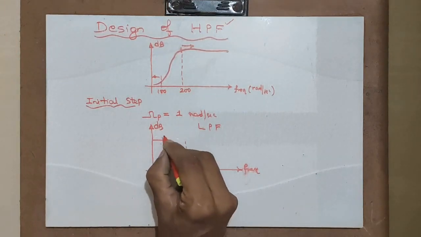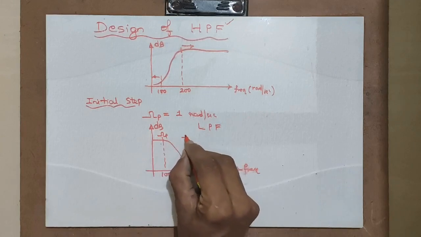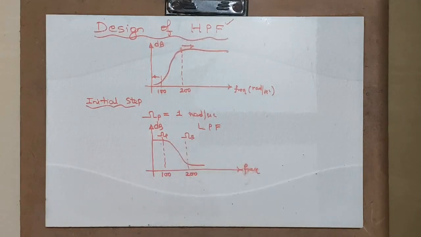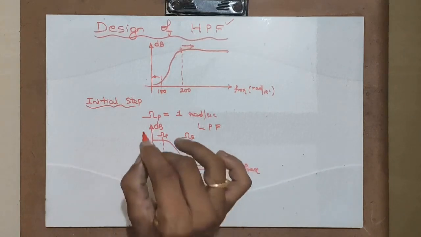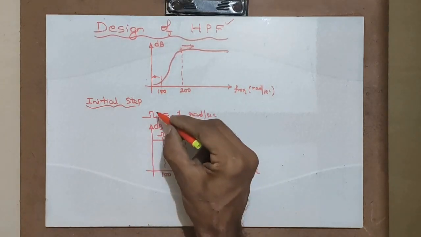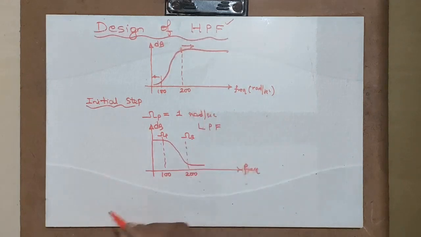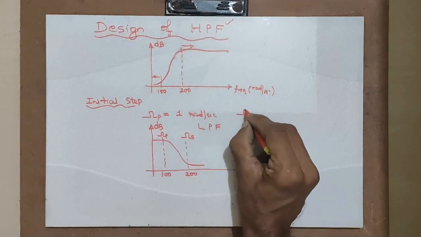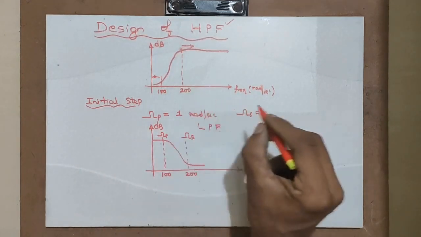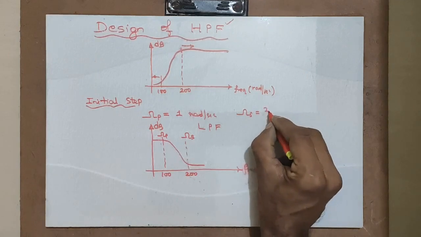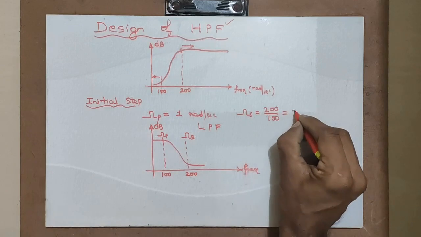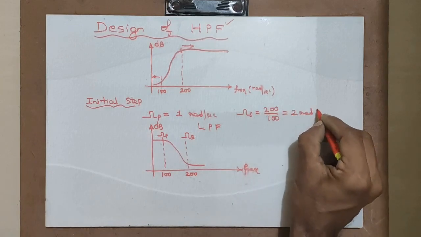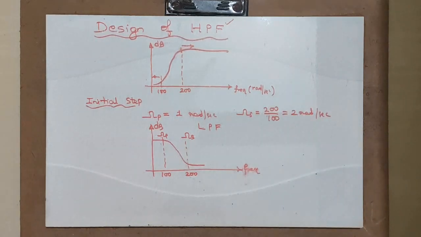If I take this as a low pass filter, you know that the characteristic would have been like this. This is the passband for us and this is the stop band for us in the case of a low pass filter. Hence, in the initial step, we have already taken the passband as 1 radians per second, and the stop band you have to take as 200 divided by 100, or 2 radians per second.